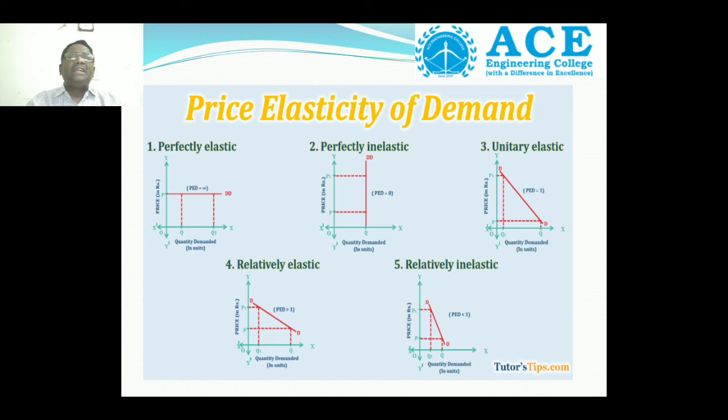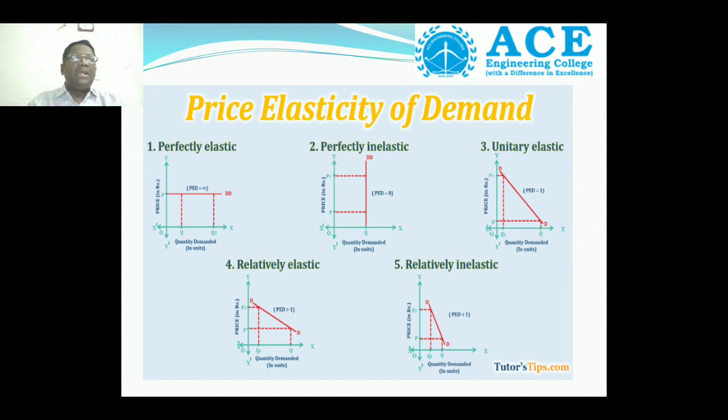Next one is perfectly inelastic demand. It is the reverse of perfectly elastic. Perfectly elastic is horizontal to the OX axis; perfectly inelastic is vertical to the OY axis.